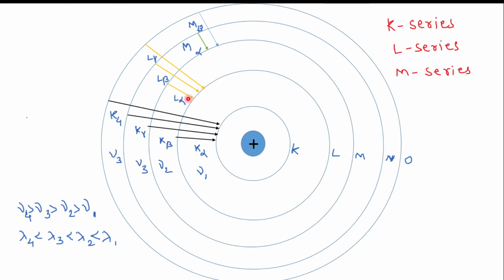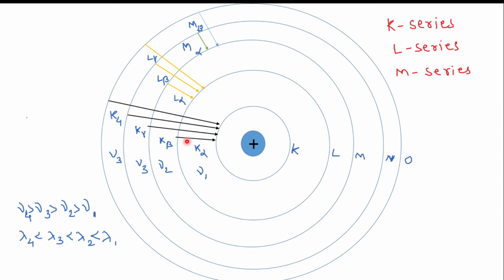Similarly, when the electron jumps from higher shells to the L shell, from M to L, N to L, O to L, this series is called the L series. And this is the M series, from N to M and O to M.